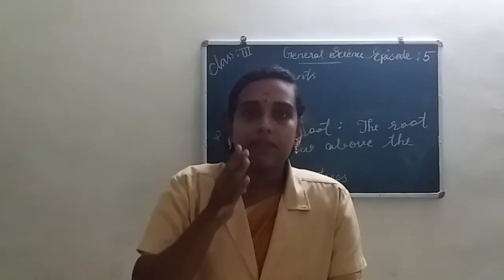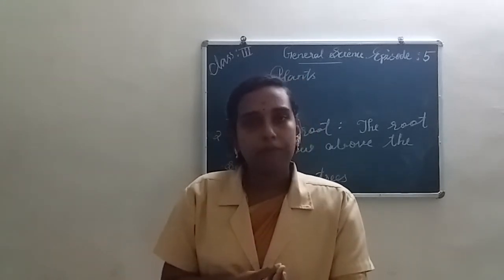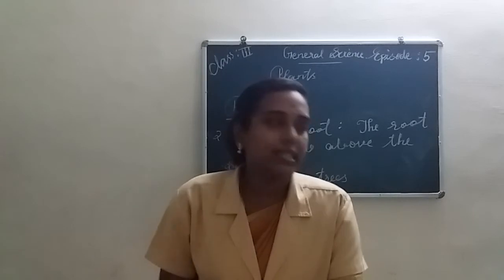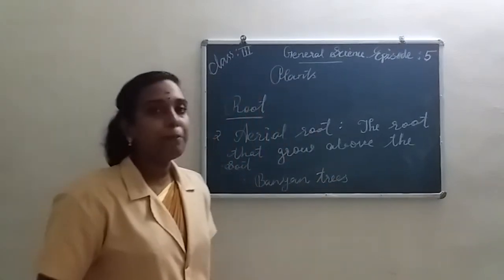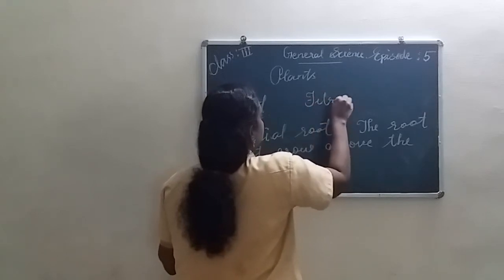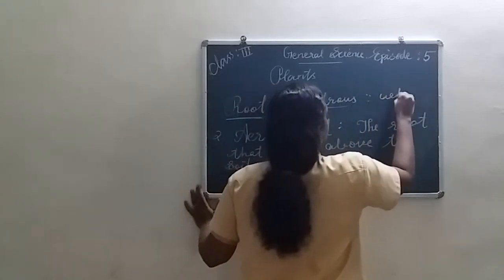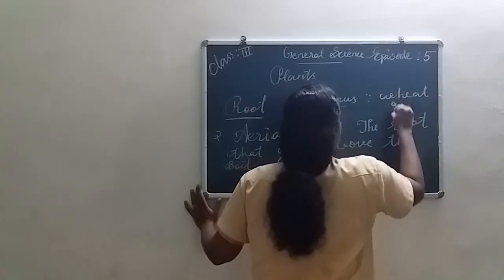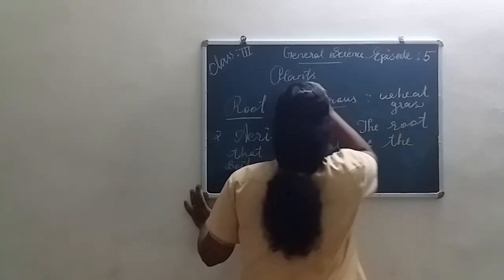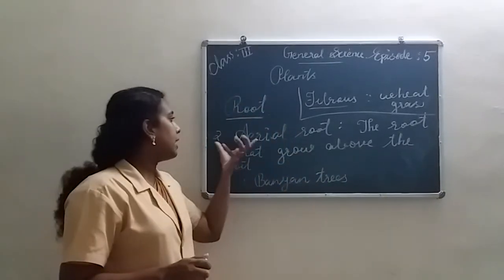Okay. And the next one is fibrous root. Examples of fibrous roots are wheat, grass, etc. And the next one is aerial root.